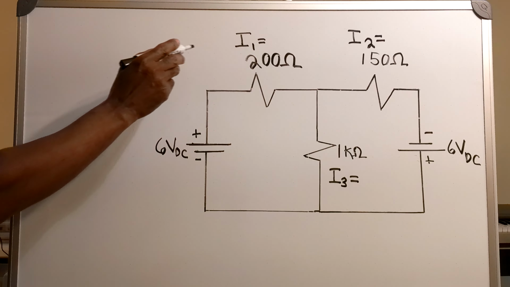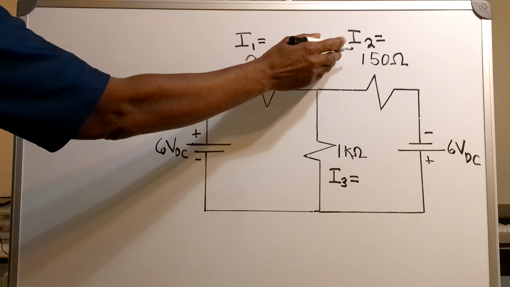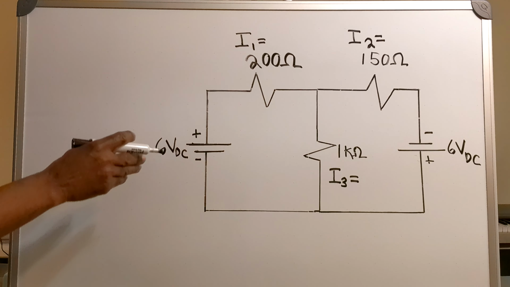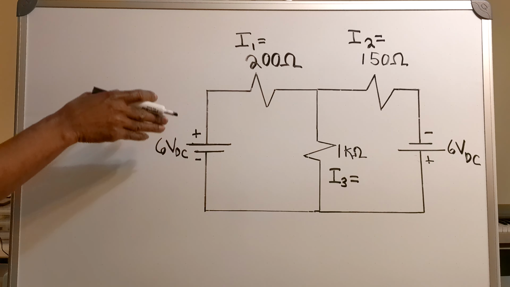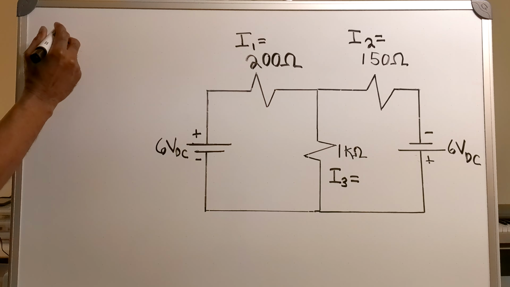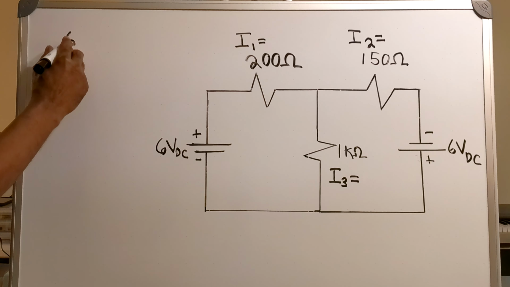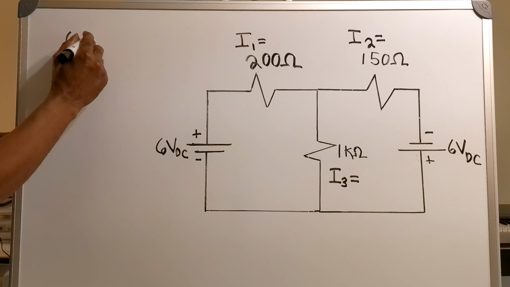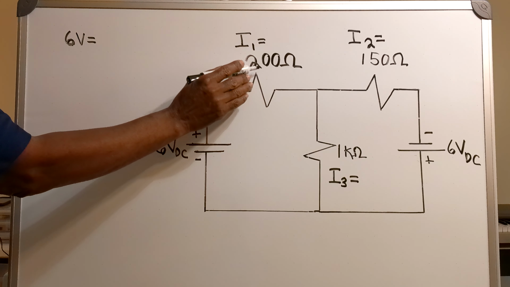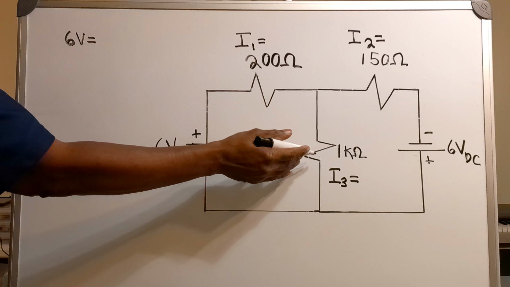Now I will be finding my currents I1, I2, and I3. Now, starting from this side of my circuit, 6 volts equals the sum of my 200 ohm resistor and my 1 k ohm resistor.